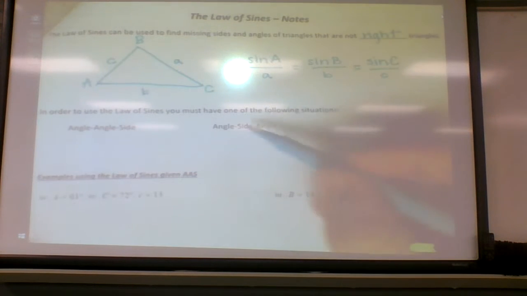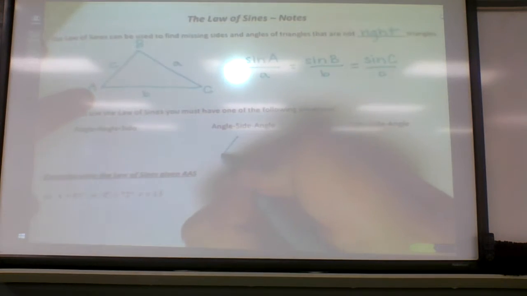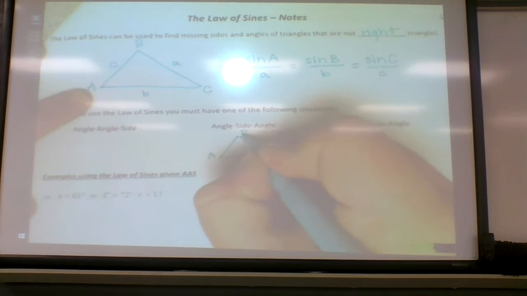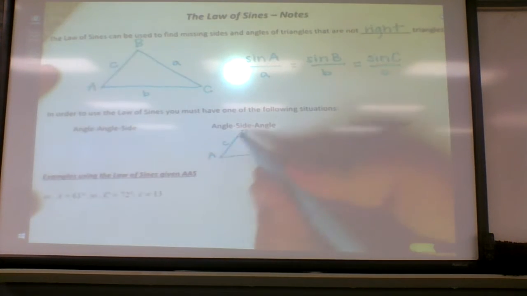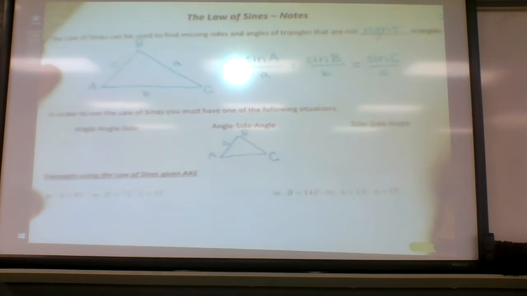Yes. So if you have angle, side, angle, so for example, here. But we cannot have, that would be like having A, B, and then this little c in between. And so you have to have a match, and right now we don't have a match between an angle and a side. But because we have two angles, you know the third angle, right? Because all the angles in a triangle add up to 180, so then there is your match.